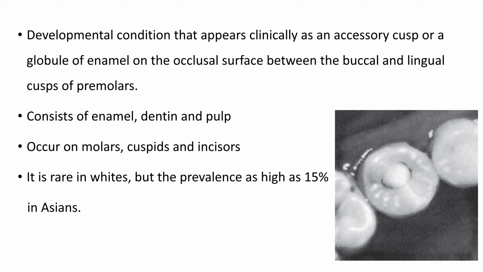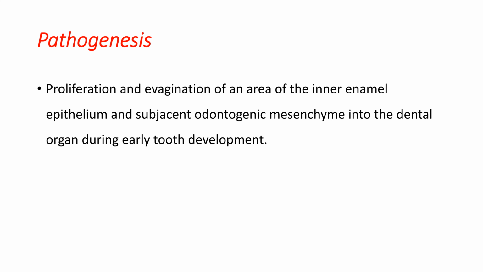Coming to pathogenesis, the pathogenesis of the lesion is thought to be the proliferation and evagination of an area of the inner enamel epithelium and the subjacent odontogenic mesenchyme into the dental organ during early tooth development.